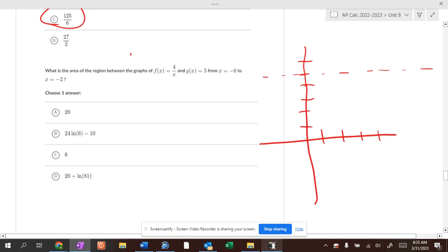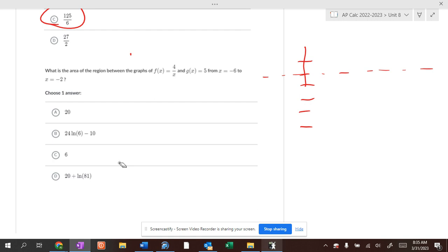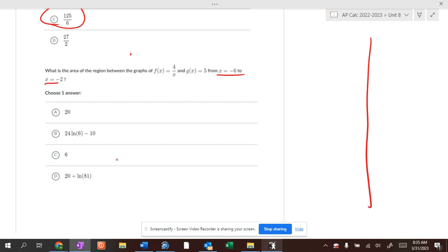X equals -6 to -2. Whoa, I'm not even in the right ballpark here. All right, so we're going from -6 to -2. So boom, boom. 1, 2, 3, 4, 5, 6. So 4 over -6 is -2/3.